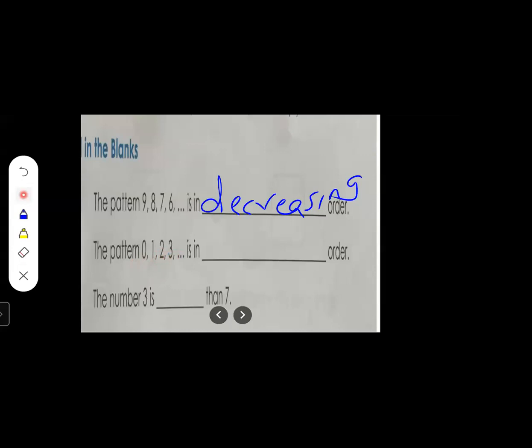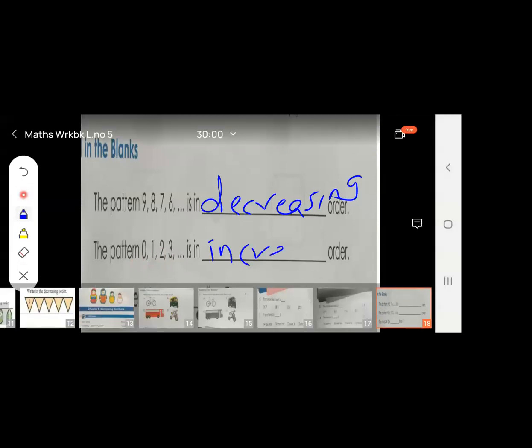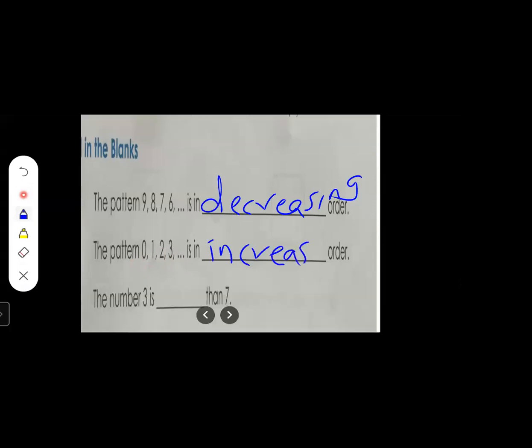So small to big means increasing order. So here we are going to write increasing. The pattern 0, 1, 2, 3 is in increasing order.